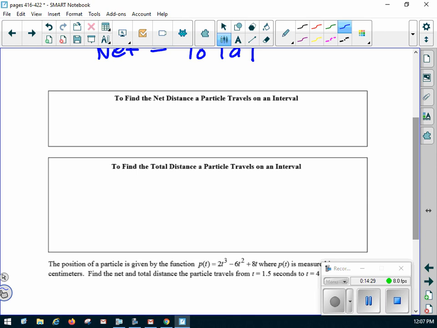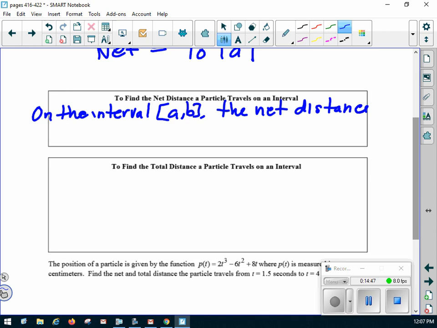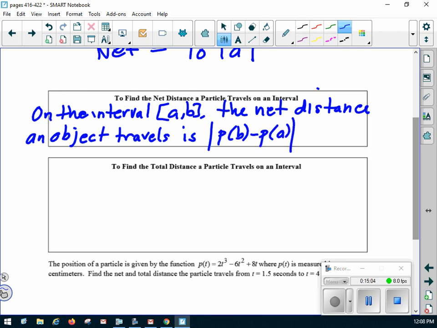To find net distance a particle travels on an interval A to B, the net distance an object travels is P of B minus P of A, absolute value, where P of T is position.